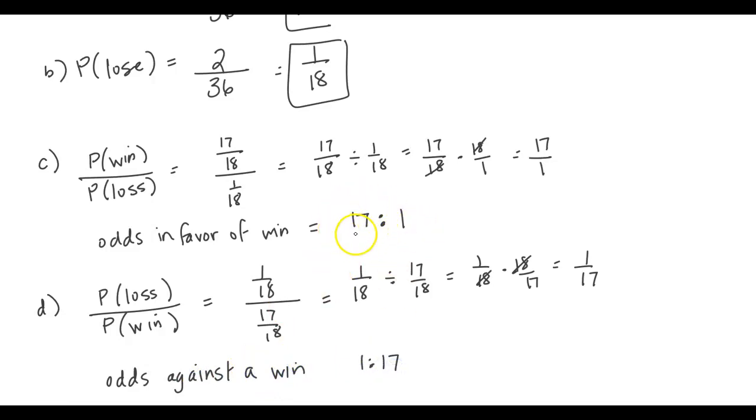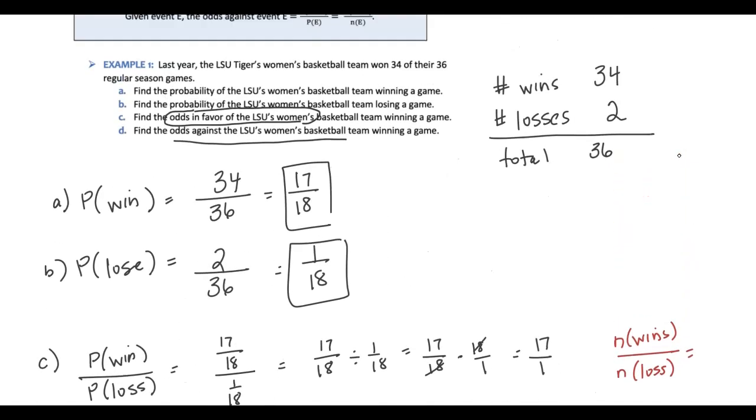In one case, the number of wins is written first and the number of losses second. In the other, the number of losses is first and the number of wins is second. Remember that we could also write this using the number of wins compared to the number of losses. Looking back at our chart, we said that there were 34 wins and 2 losses.